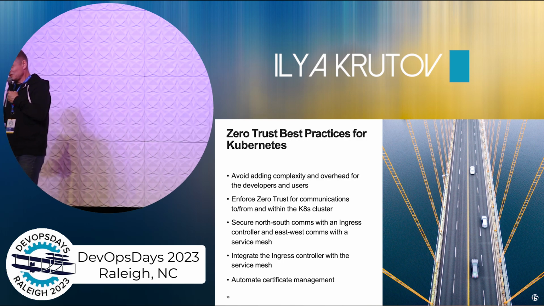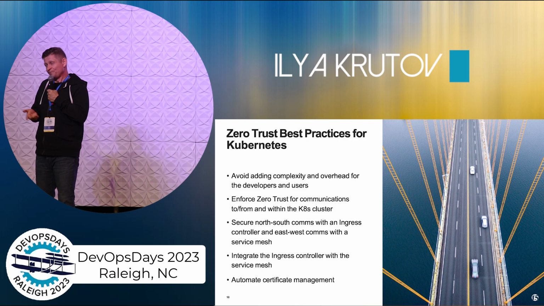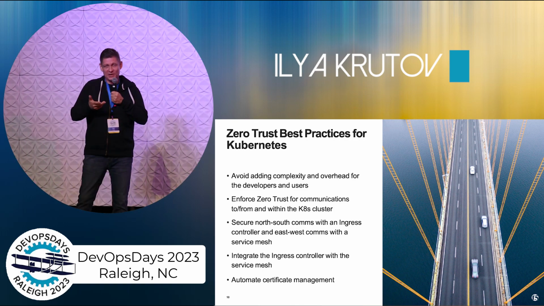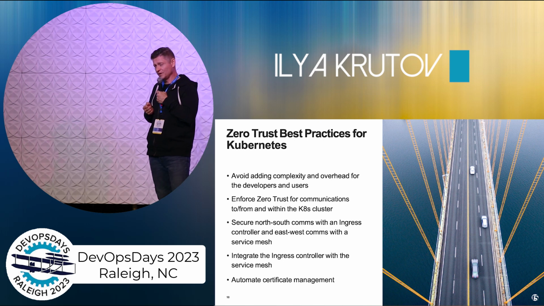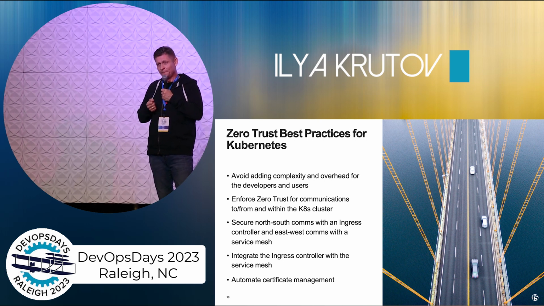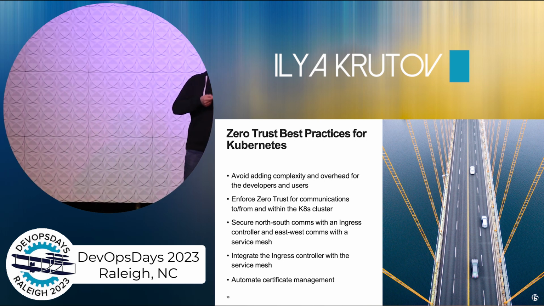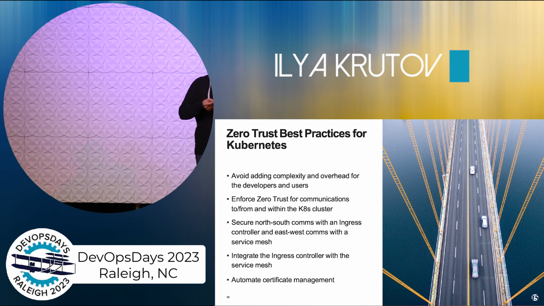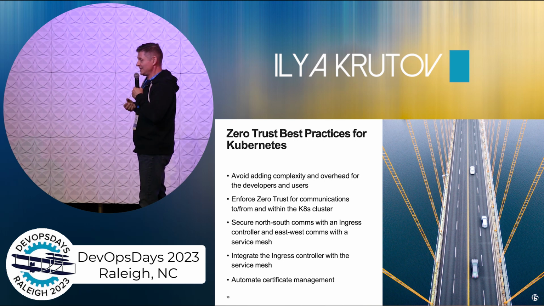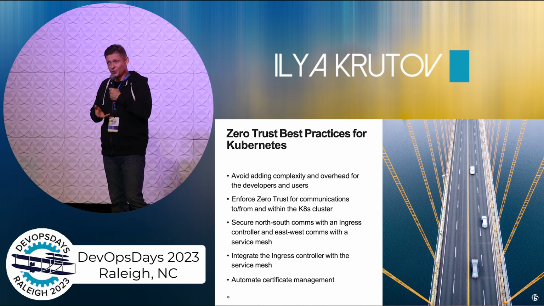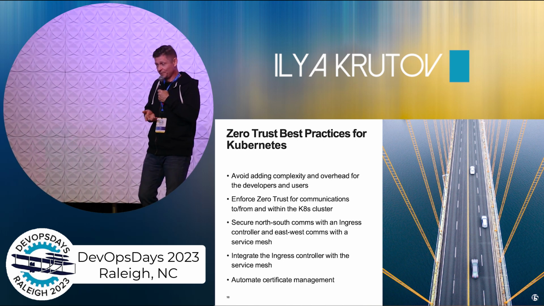Or it could be implementing automated certificate management, which is one of the key things for zero trust, as shown in the fifth bullet. They use the same way and support the same features and mechanisms to do automated certificate management, because it will make the platform teams' lives easier.